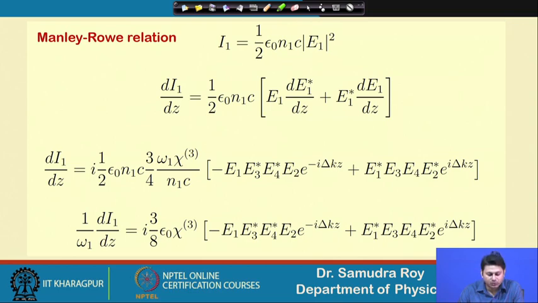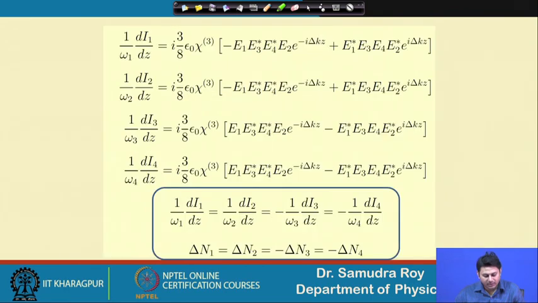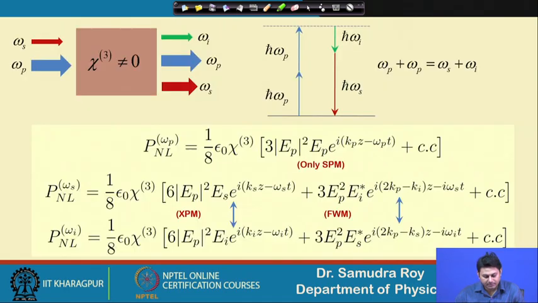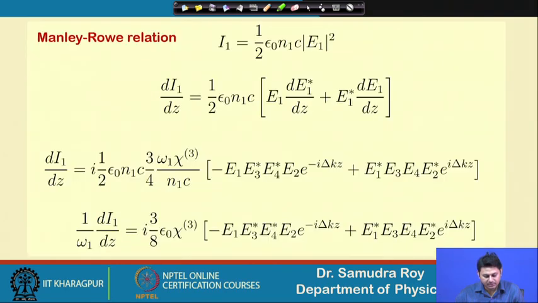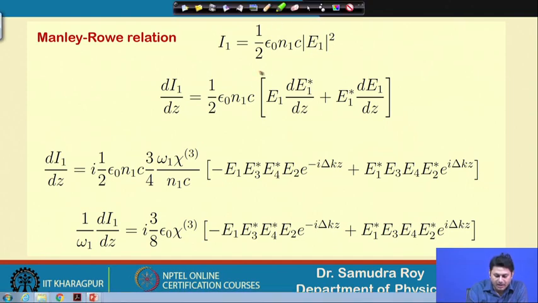In order to do this, we need to calculate the total electric intensity. This total electric intensity is something like half epsilon 0 n1 c times mod of E1 square, which is the total intensity of electric field E1.